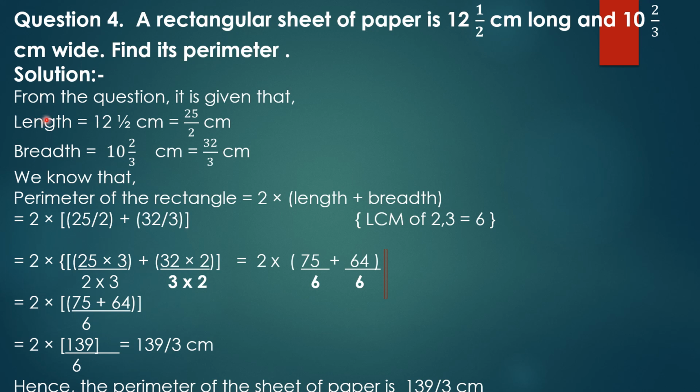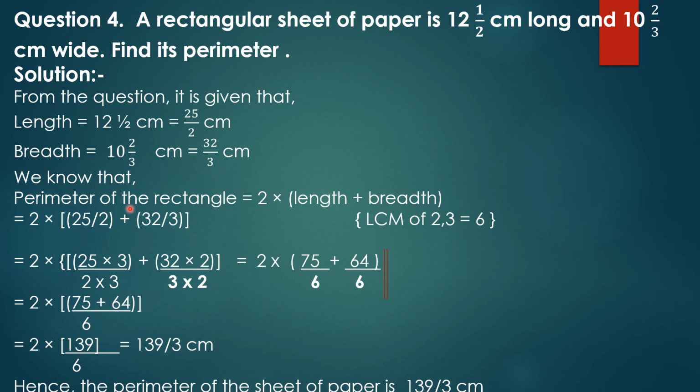Length is equal to 12 1 by 2 centimeter. Convert the mixed fraction into an improper fraction: 2 into 12 is 24, 24 plus 1 is 25 by 2. And breadth is equal to 10 2 by 3. So, convert this mixed fraction into an improper fraction: 3 tens are 30, 30 plus 2 is 32 by 3 centimeter.